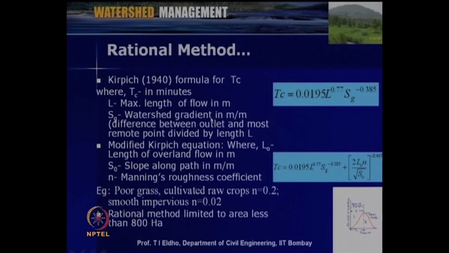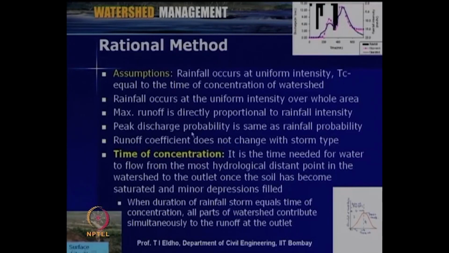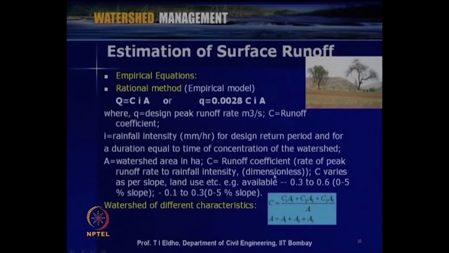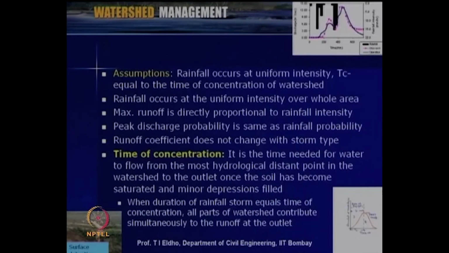So, we can identify the time of concentration for the given watershed conditions, and then we can use the rational method to get the design peak runoff for the given condition.